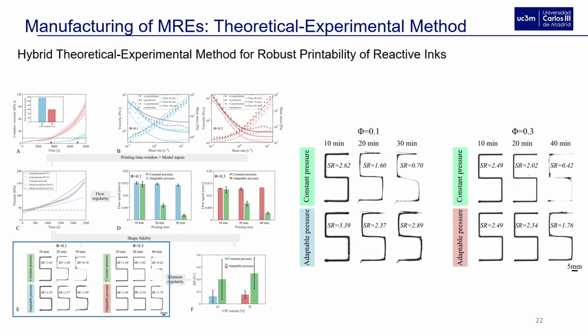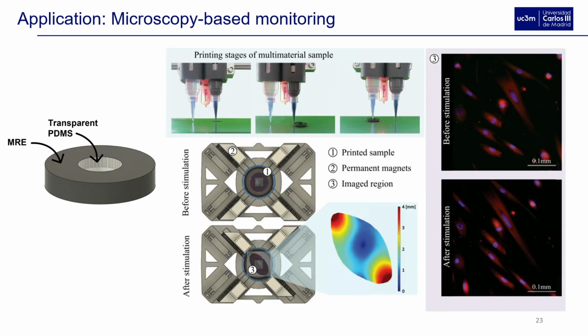And this is validated as well in terms of shape fidelity of the sample. As you can see, in the constant pressure, the material deposition is also compromised. In adaptive pressure, it maintains better shape fidelity through the printing process.